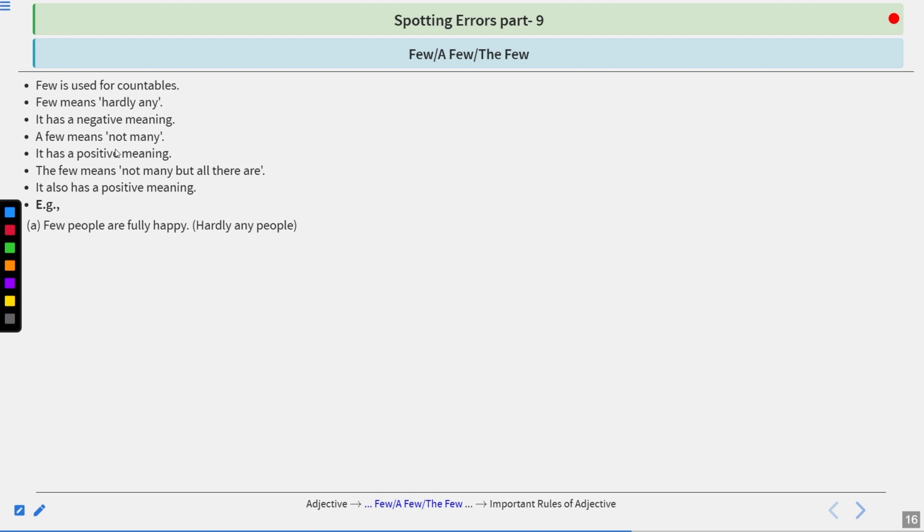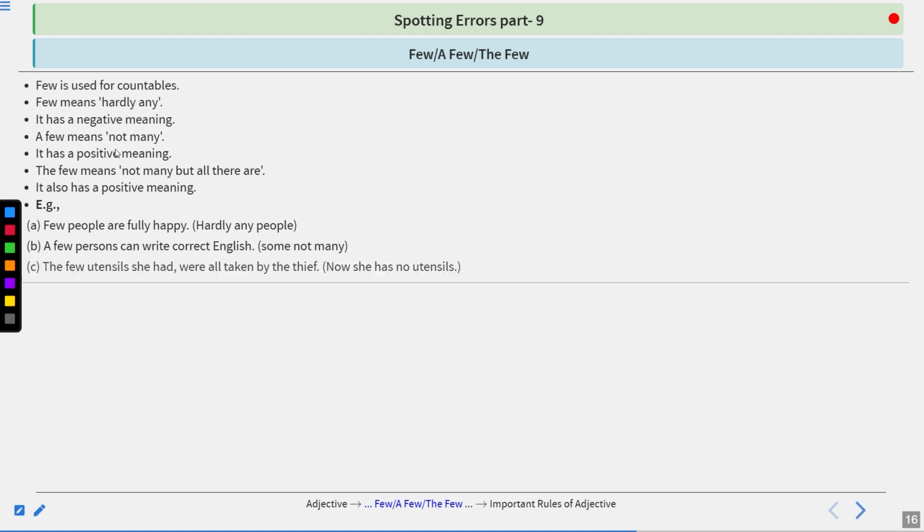A few persons can write correct English, which means some, not many, giving a positive tone. The few utensils she had were all taken by the thief. Now she has no utensils. It means all the available utensils she had. I hope you have understood.